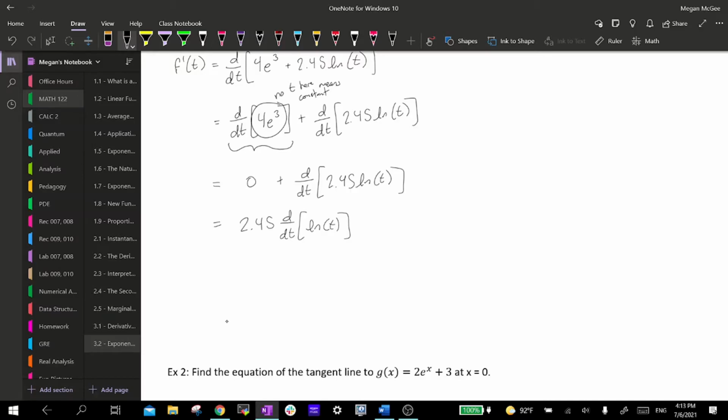So if our derivative of the natural log of x is 1 over x, then the derivative with respect to t of the natural log of t is just going to be 1 over t. Go ahead and drop these brackets. We'll end up with 2.45 divided by t, and this is our final answer.